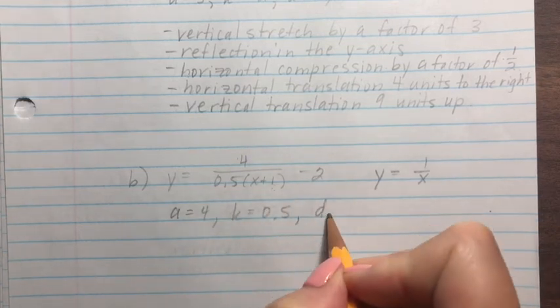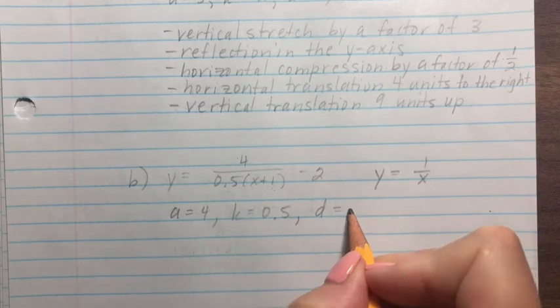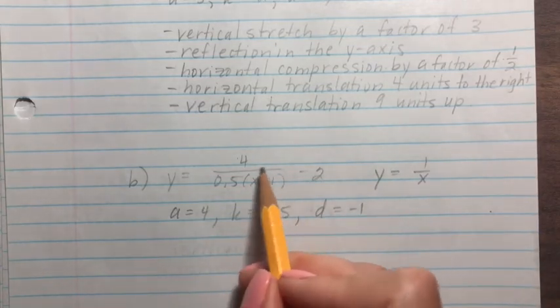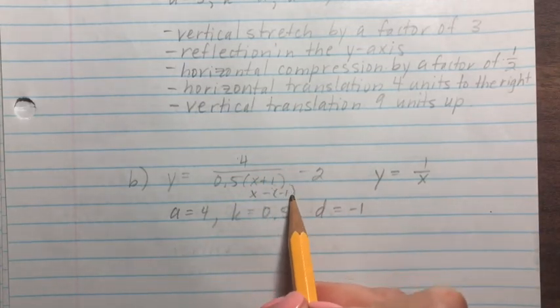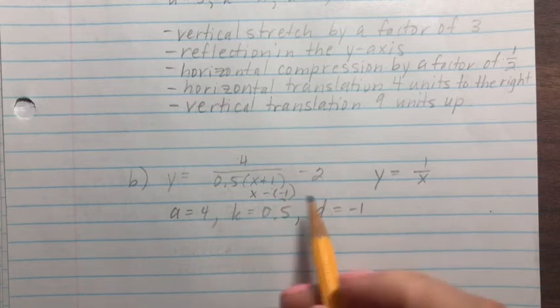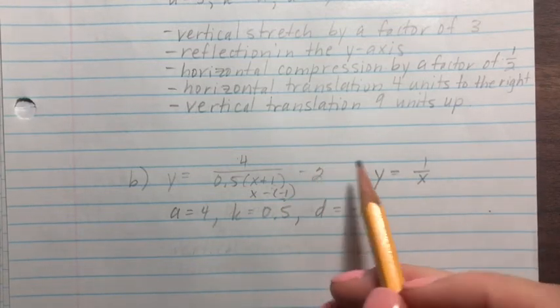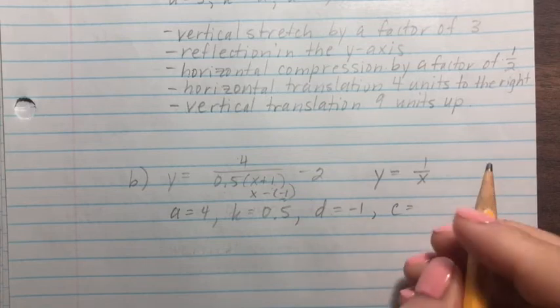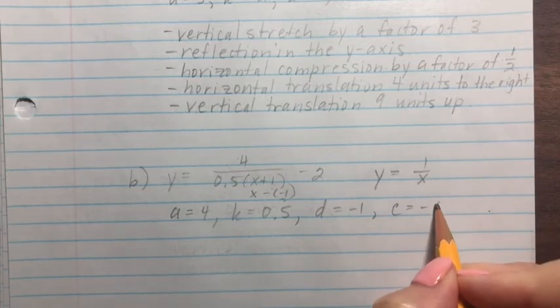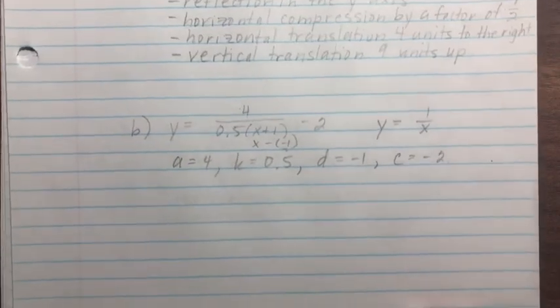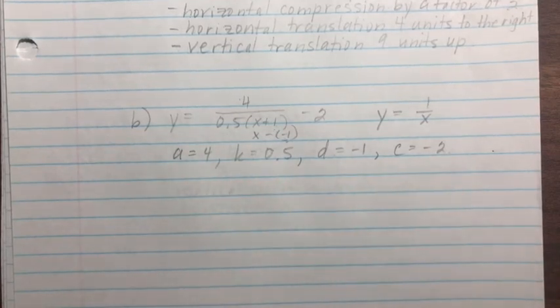D, which is the number that's being subtracted from x, is -1 for us to see that +1. So that's our D value here. And then the number at the very end is taking the place of C. So C is -2.